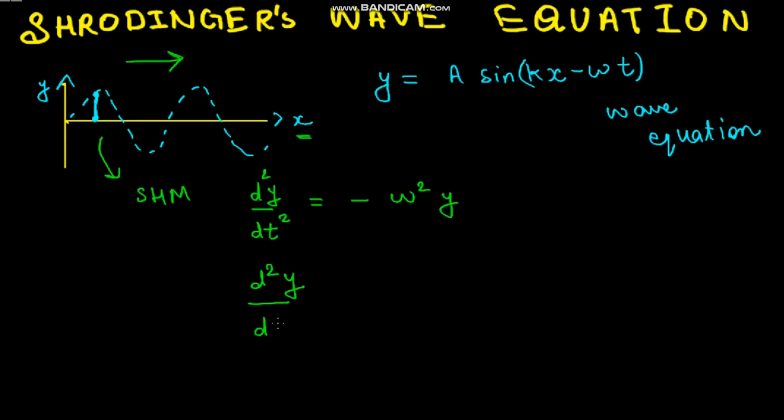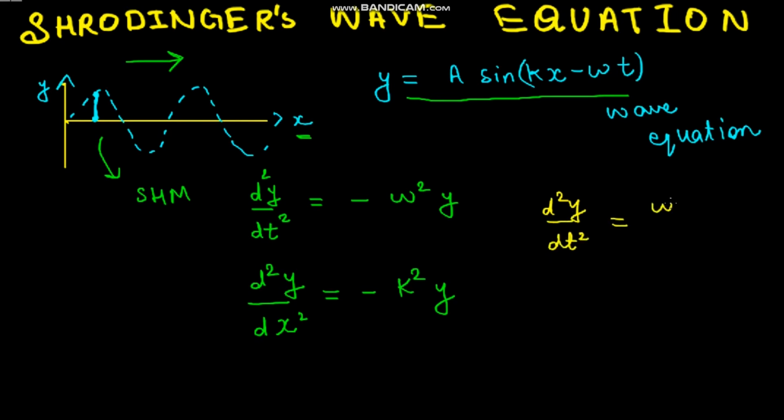So the differentiation with x will also give you a similar equation. These are the general equations of a wave. The combined equation will look like this. Second differential of y with time is equal to omega square by k square times the second differential of y with x.